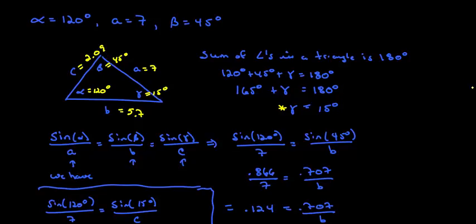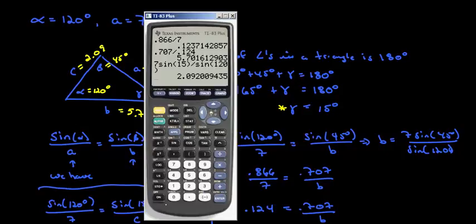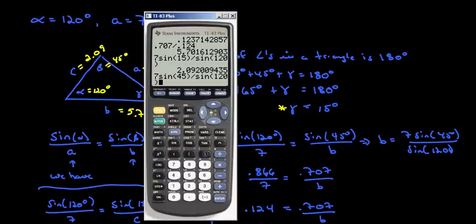Now the same technique could have been used over here as well. I think it's worth noting that b is equal to 7 times the sine of 45 over the sine of 120 degrees. If I grab the calculator and go 7 times the sine of 45 divided by the sine of 120, I get 0.571.